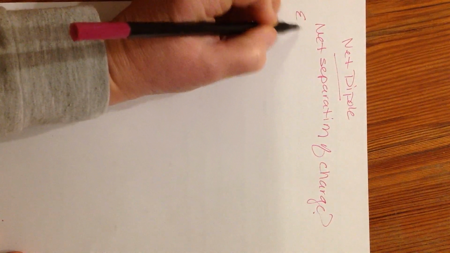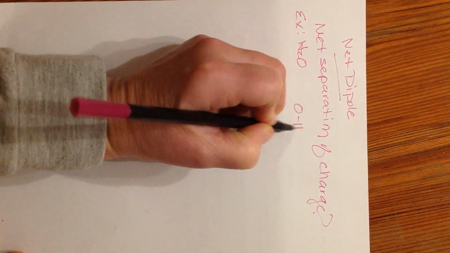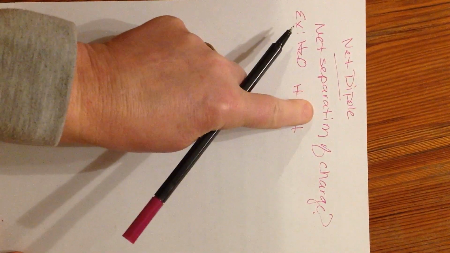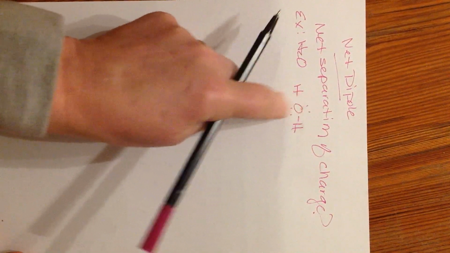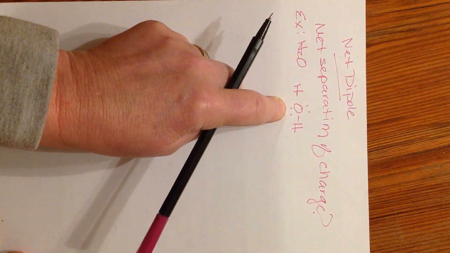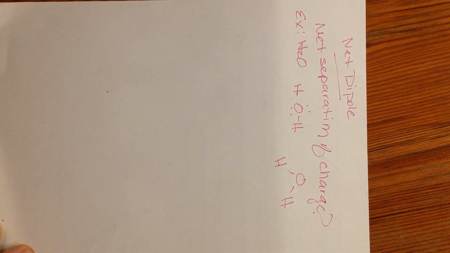For example, I'm going to take water. The Lewis structure of water looks like this. 4 areas of electron density, 2 lone pairs. We would determine that water is bent. So I'm going to draw water as bent because that's what the structure says.